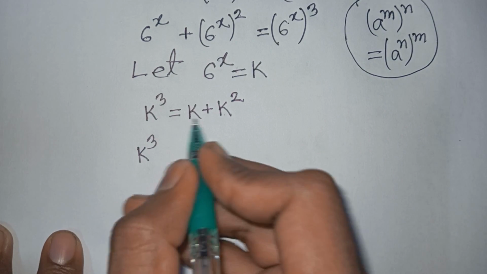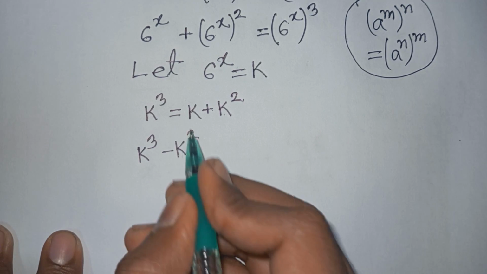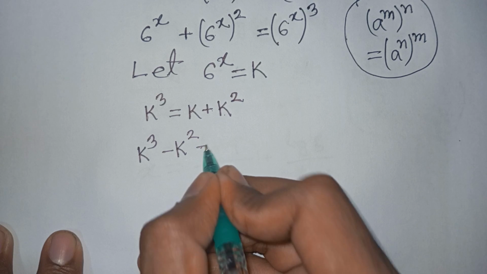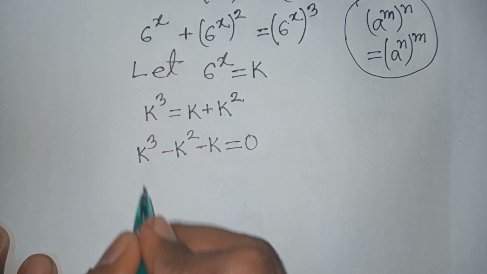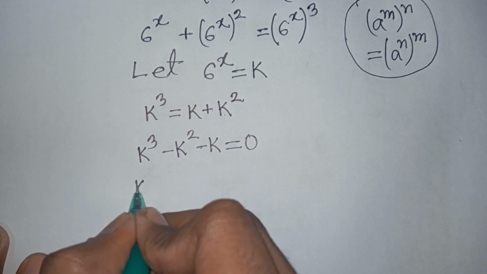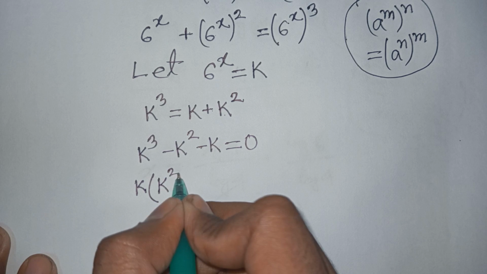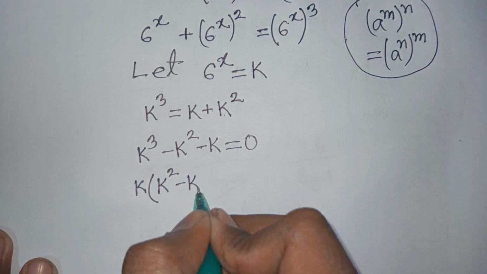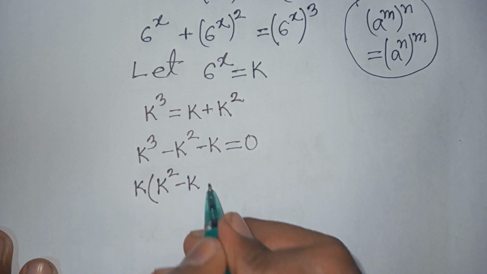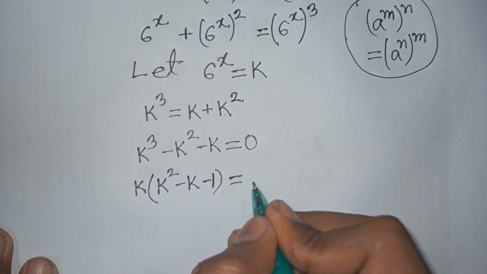Now k^3, then this plus k^2 we take to the left side, so this will be minus k^2, and also this plus k we take to the left side, so this will be minus k, is equal to 0. Now we take common k, so k is out of the bracket. It will be k^2 minus k minus 1, bracket close, is equal to 0.